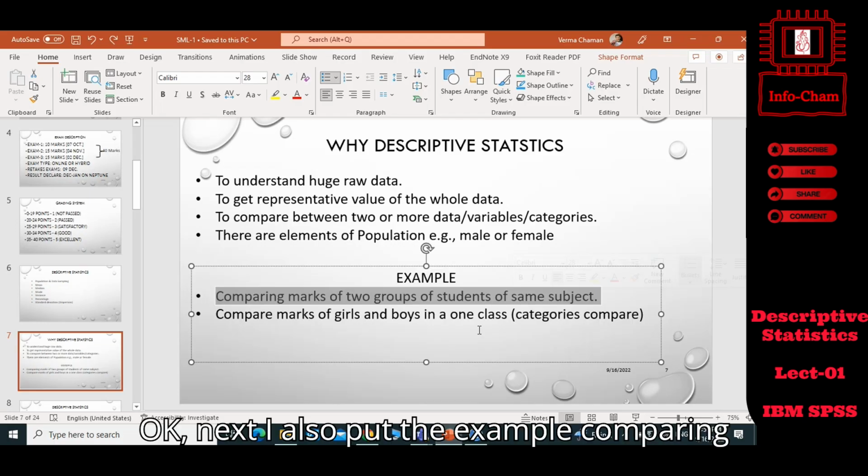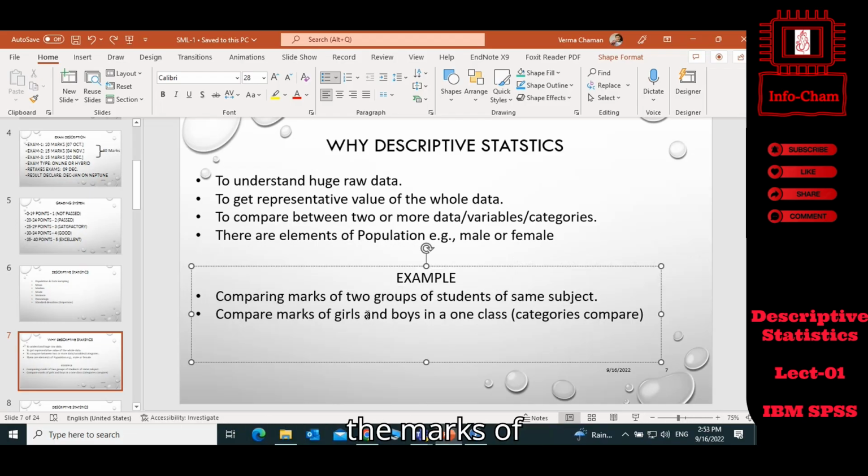Next, I also put an example comparing the marks of boys and girls in one class. That is the category comparison. I told you previously, I think the same example I have given again here. I want to check who is more intelligent, girls or boys. This type of research question your manager in a company can also ask.